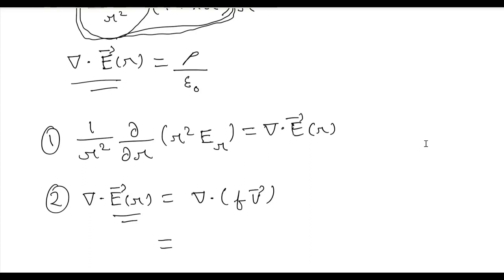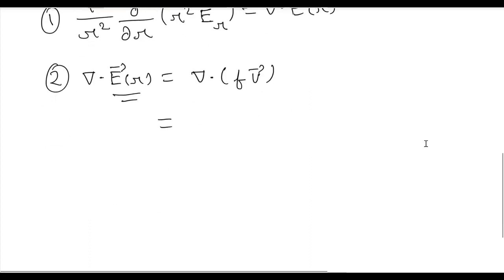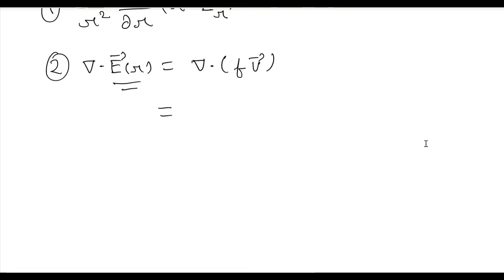By the multivariable calculus product rule, the divergence will be equal to the gradient of f dotted with v, plus the scalar function f times the divergence of the vector function v.